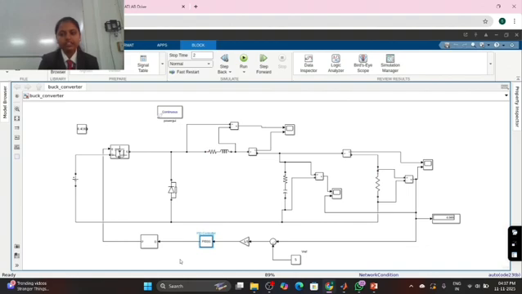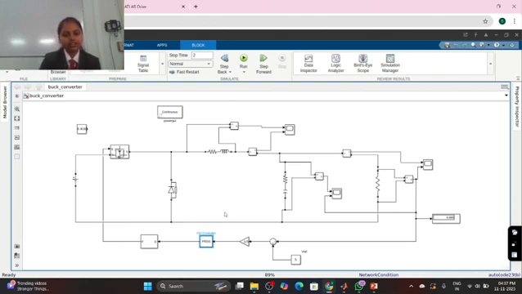As a result, the output voltage increases. Similarly, when the PID output decreases, the duty cycle becomes smaller, the MOSFET stays on for a shorter time and the output voltage decreases. In this way, the PWM signal continuously adjusts to keep the output voltage close to the reference value.